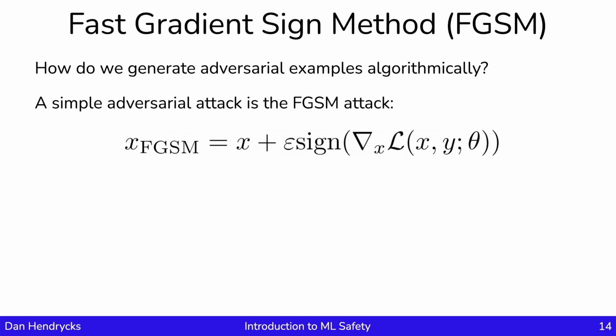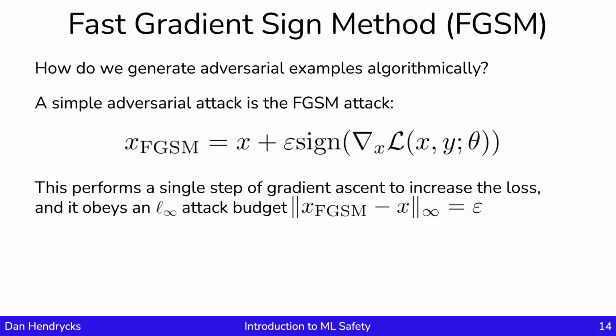This is different from X plus epsilon times the gradient of the loss, which we'll see why in just a second. FGSM performs a single step of something like gradient descent to increase the loss, and it obeys an L-infinity attack budget. It uses up the entire L-infinity attack budget, and the difference between X of FGSM and X is equal to epsilon.